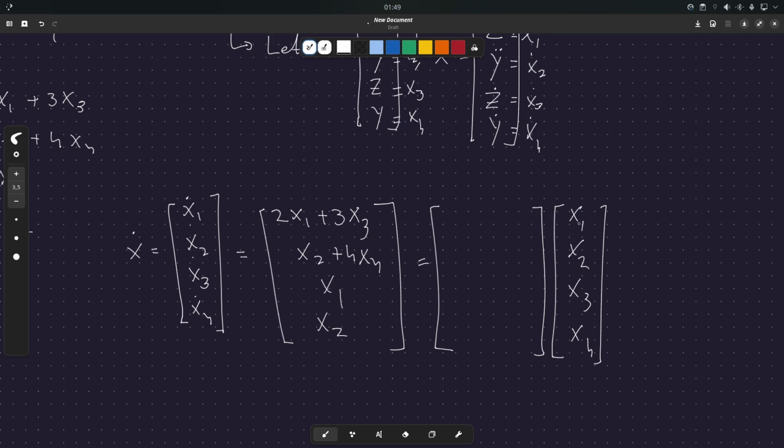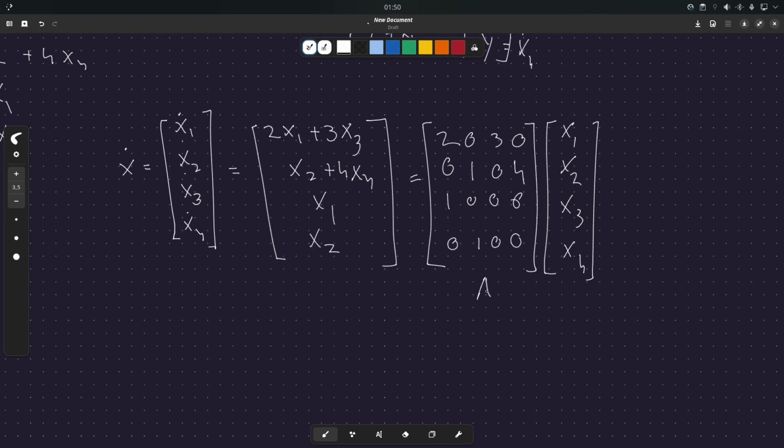So the first row times the vector x would be 2 times x1, and 0 times x2, and then 3 times x3, and then 0 times x4. And we can do the same for all the other rows, and then you would get 0, 1, 0, 4, 1, 0, 0, 0, and 0, 1, 0, 0. This would then be our A, and this would be our X. This would be X dot.